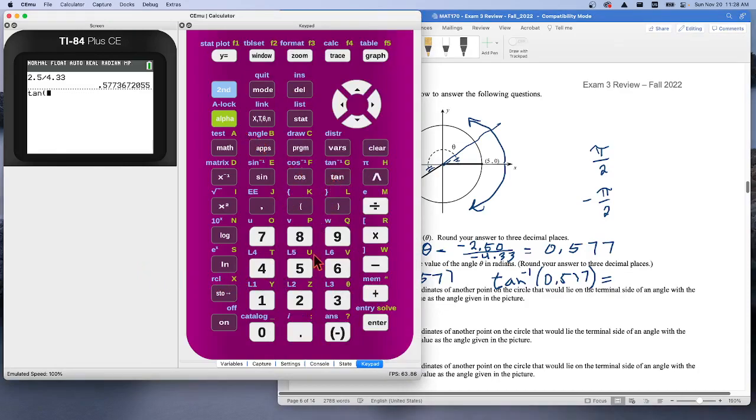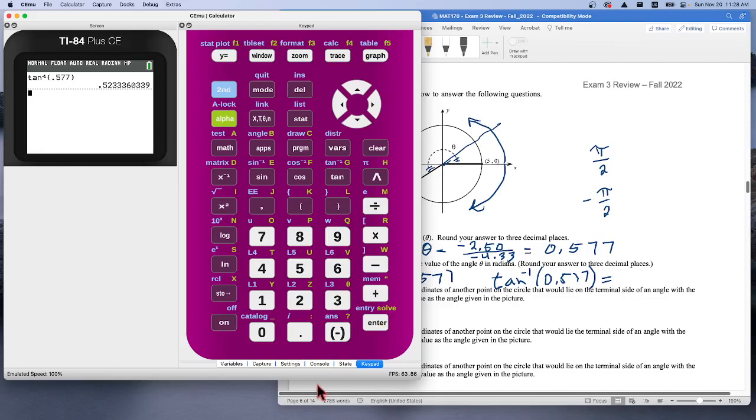So inverse tangent. Let's just clear this out. Inverse tangent of 0.577. So what it's doing is it's really 0.577 in the first quadrant, right? Because it would be the same thing.